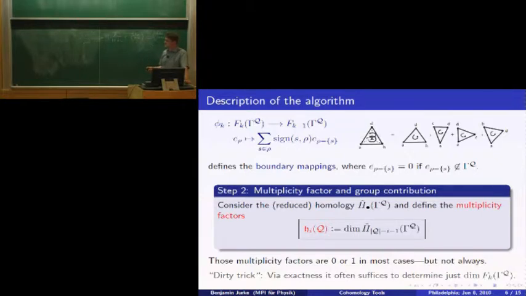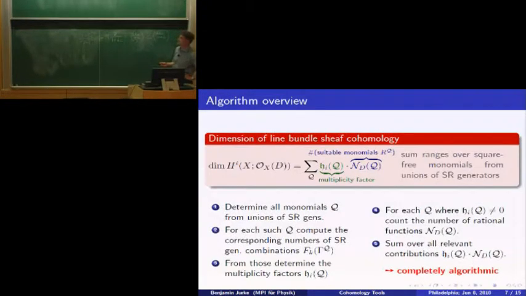In most cases, this number is either 0 or 1, but not in all cases. And as a very dirty speed-up trick, which we use quite frequently, it suffices to simply compute the dimension of those phases introduced here and not consider all those mappings. This gives you a huge speed-up. With a couple of dirty tricks, you can really speed up the computation and get exactly the same result.